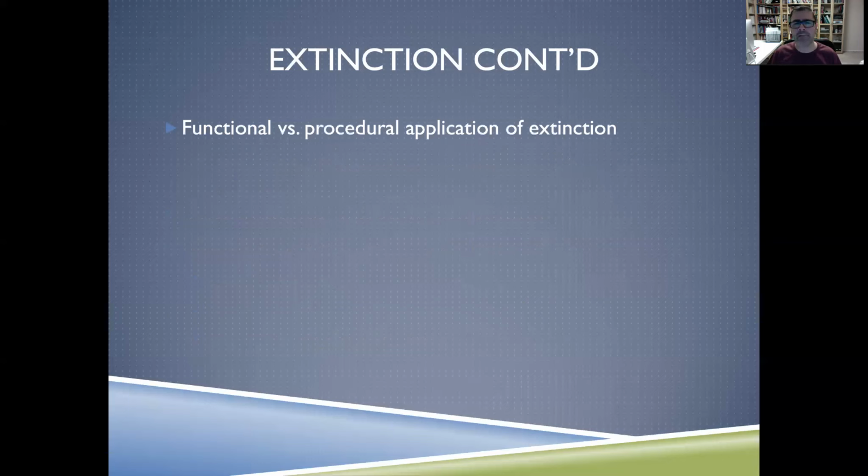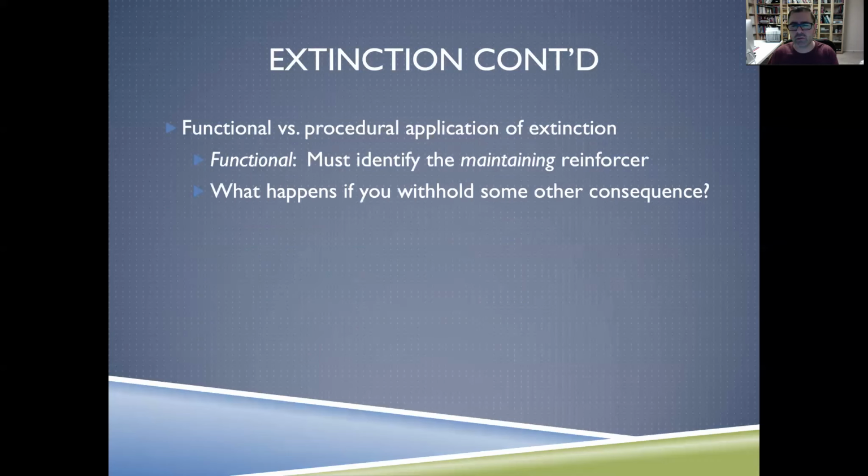Now, there's what we call functional versus procedural application of extinction. Again, a functional application of extinction is the one that we're going to be talking about in the lecture, which involves identifying the reinforcer and then withholding the reinforcer. So extinction is no longer presenting the reinforcer, right?